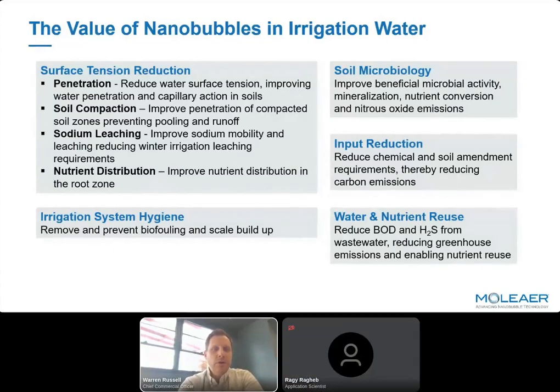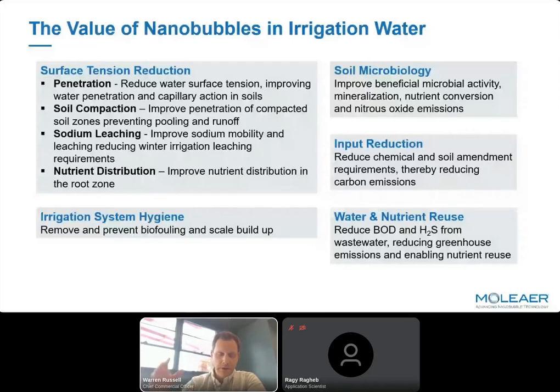So first, let's talk a little bit about nanobubbles at a high level and its role and impact on irrigation water. So we've kind of broken the high-level attributes into these different groups, starting with surface tension reduction.